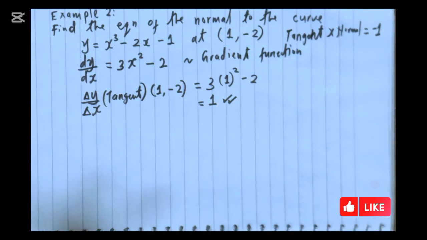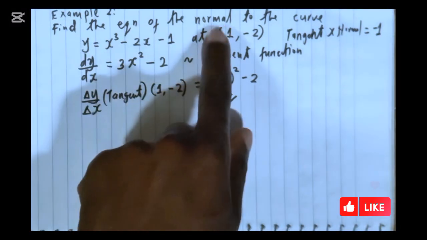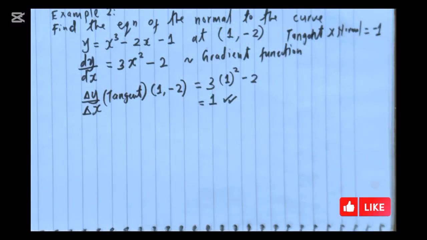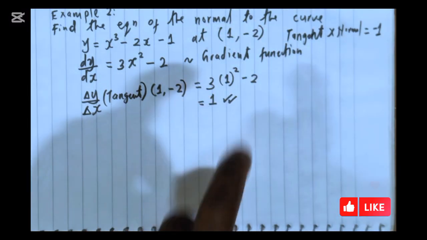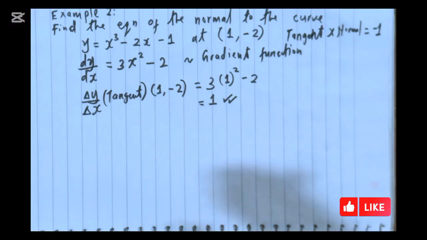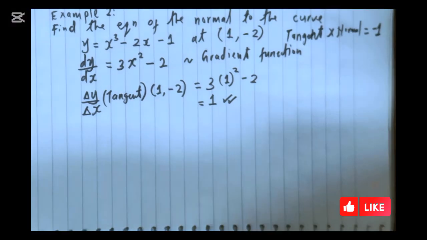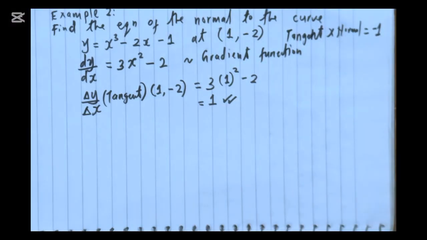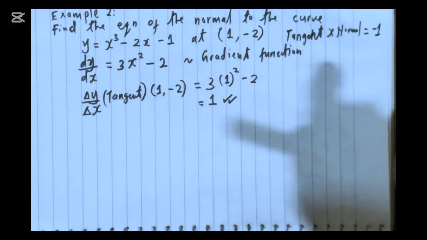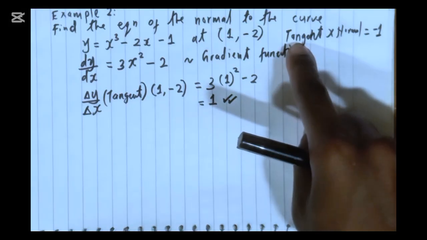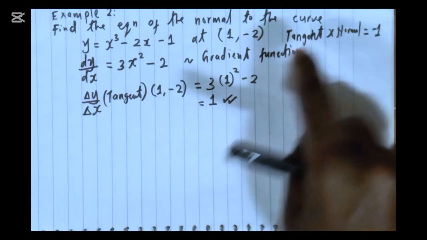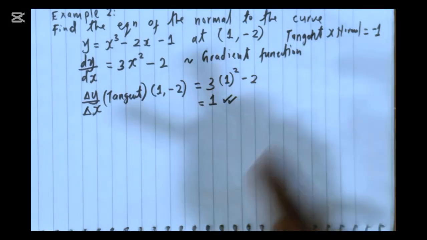All right. But remember, we are supposed to find the equation of the normal to the curve. And now, because we have the gradient of the tangent, we can find the gradient of the normal. Awesome. So we have the gradient of the tangent at the point of intersection, that is 1 and -2, to be equal to 1. And so remember the relationship between the tangent and the normal to a curve, all right? So we say that the gradient of the tangent and the normal of the curve, when you take their products, you should always get -1.